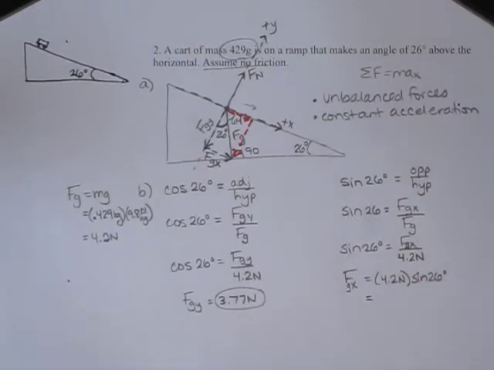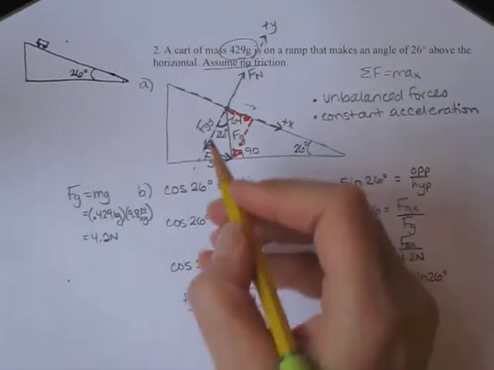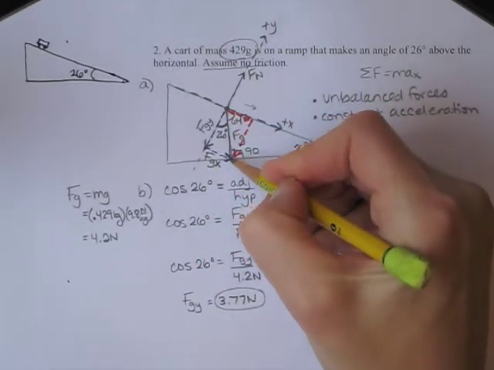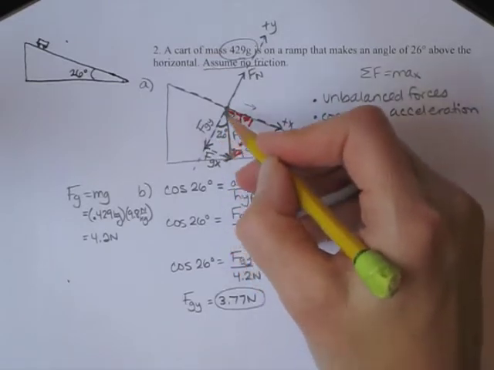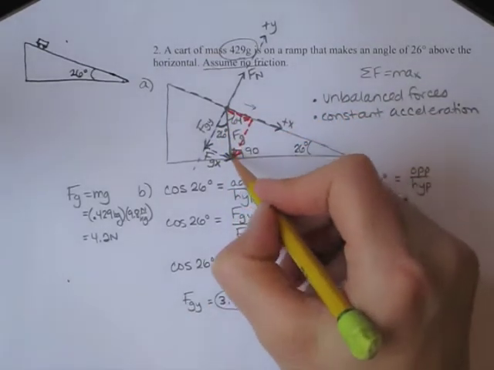So using the calculator, we get 1.84 newtons. Okay, those are our x and y components of the force of gravity. So now remember, we're basically replacing this force of gravity force vector with the two components, and we will now just use those components in place of this vector.